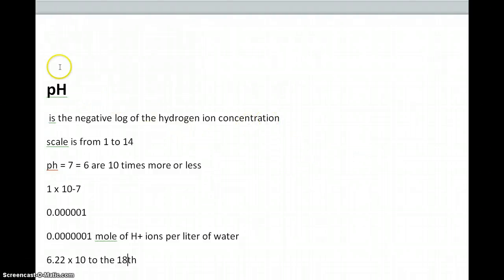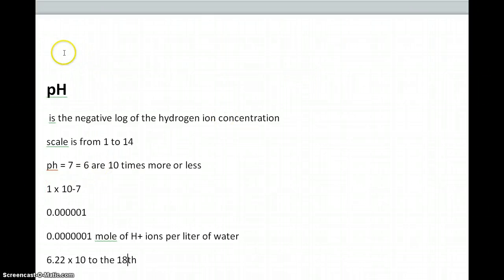So if you ever wondered what they meant, you maybe didn't think about it, said, well, pH is a negative log of the hydrogen ion concentration. Did you ever stop to think about what that means? It means 1 times 10 to the negative power, whatever that pH is. And that's how the scale is, from 1 to 14.